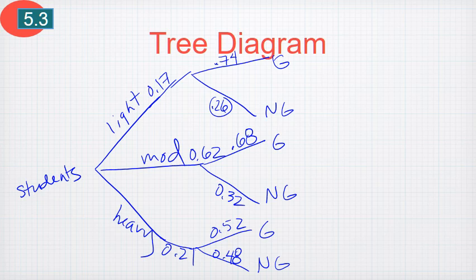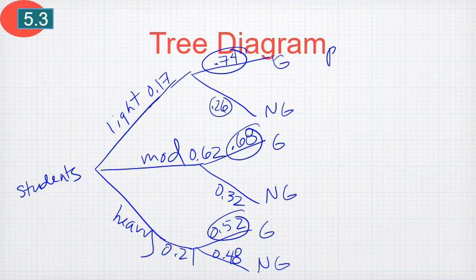So what am I going to do from here? I need to look back at my question. My question is essentially, I want to find the unconditional probability of getting good grades. I've got good grades in 3 places, but these are good grades given that they're a light user, given that they're a moderate user, and given that they're a heavy user.